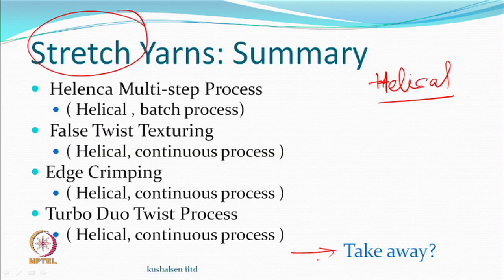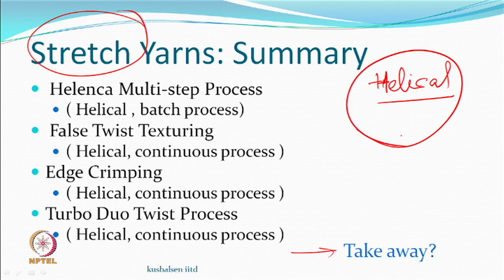It will depend on how many helices you are putting per unit length. Larger is the number of helices, more will be the stretch. Of course, this will be related later with the denier of the filament, the diameter of the yarn, etc. They will be responsible, but definitely you can take away it must be helical and all of them produce helical.